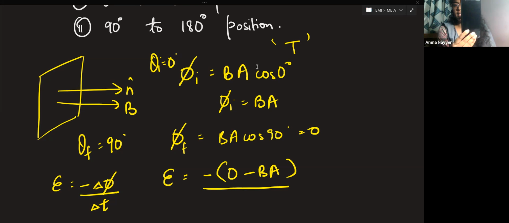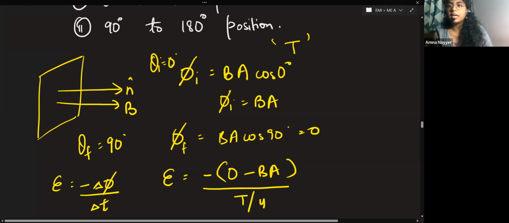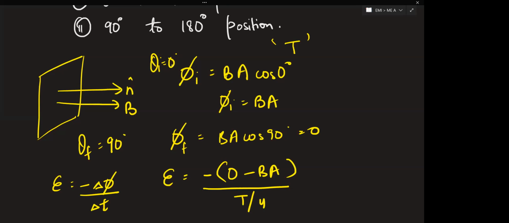If we divide the whole time period in 4 parts, it becomes 1 by 4, 2 by 4, 3 by 4, 4 by 4, the complete time period. So from 0 degree to 90 degree, this is 1/4 of the whole time period. So the time will be T by 4.